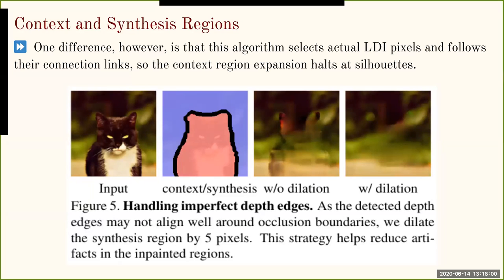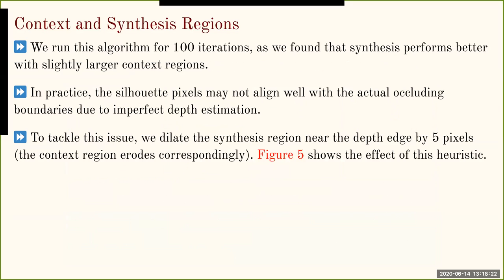Okay, so as the depth edges may not align well around occlusion boundaries, we dilate the synthesis region by 5 pixels. We can also dilate the synthesis region by the full context region, but we are just limiting it to 5 pixels for computational efficiency and all those things. After that, we run this algorithm for 100 iterations.